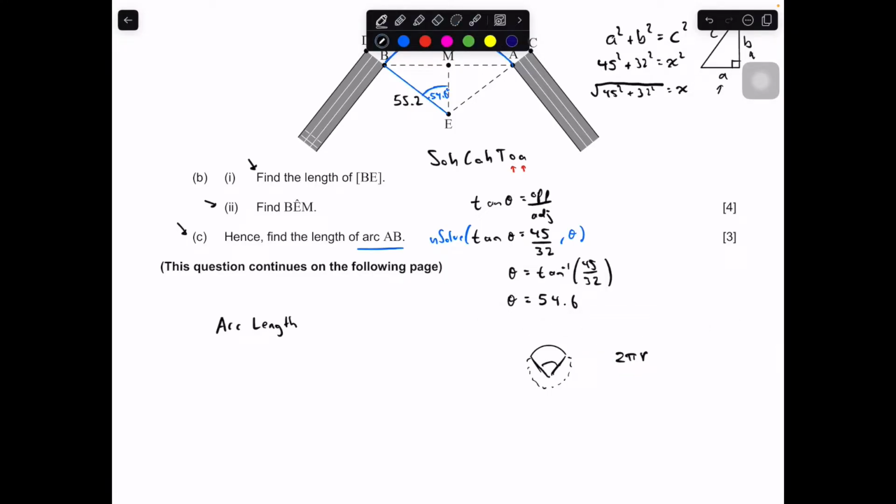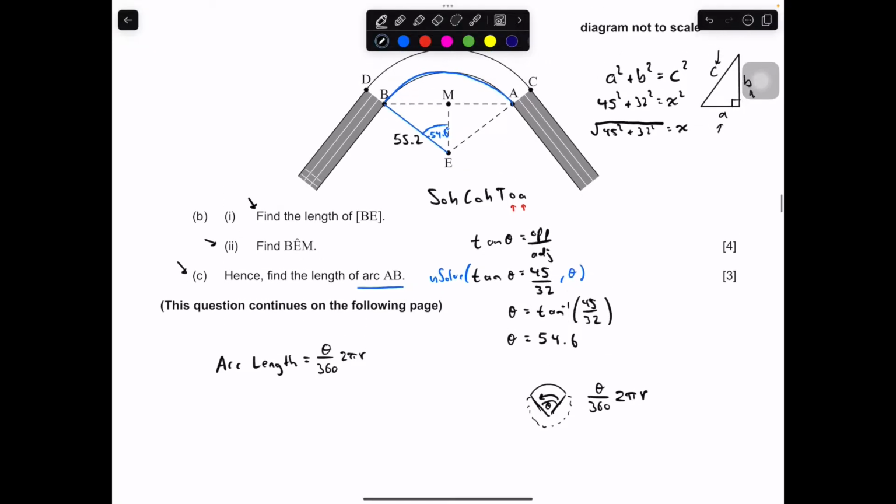Well, we know a full rotation is 360 degrees. So if we're talking about the arc length, we only have a portion, theta over 360. We've only swept through a portion of that 360 degrees. So arc length is theta over 360 times the circumference, a full rotation. But we don't have a full rotation. We have a partial rotation.